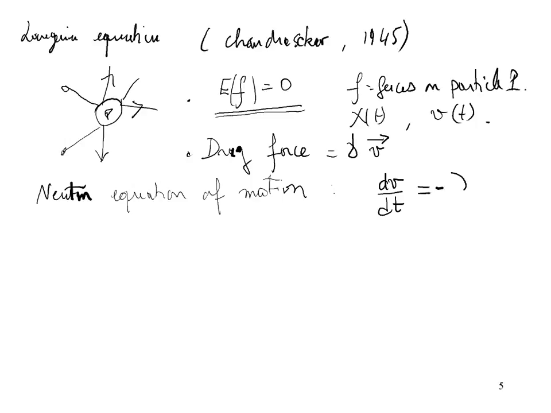So this is minus gamma, the friction, times v, plus the collision force that the particle experiences.